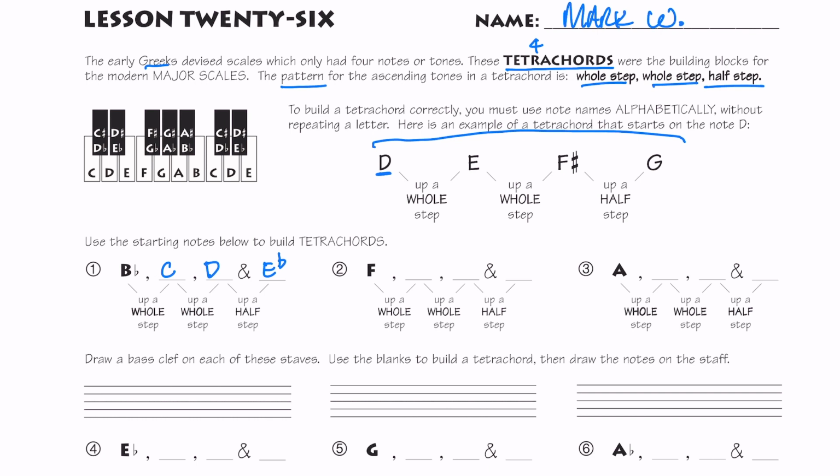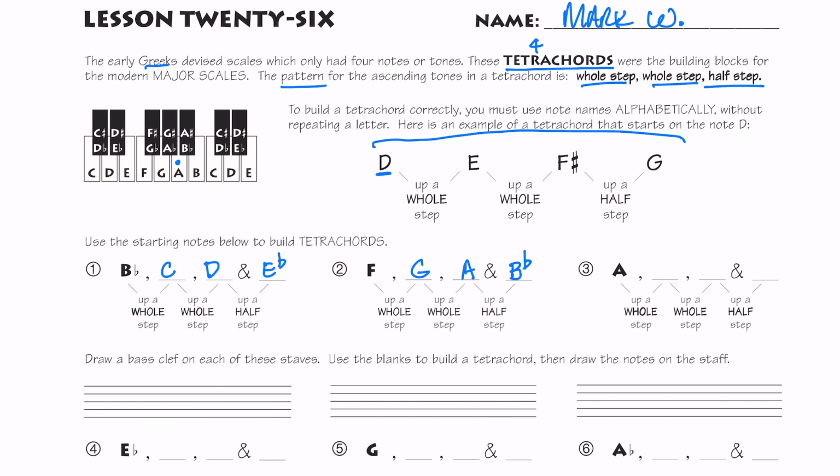Erase my notes there. Let's start on F. So F up a whole step is G. G up a whole step is A. And now A up a half step is, now remember I have to use the next letter name, so it's B flat.